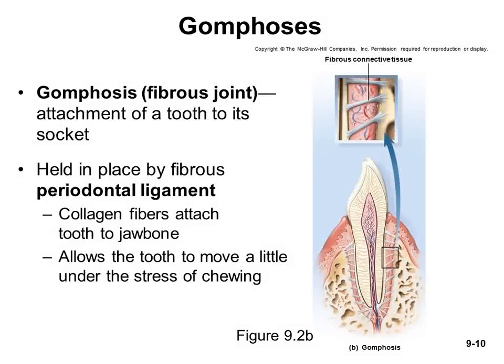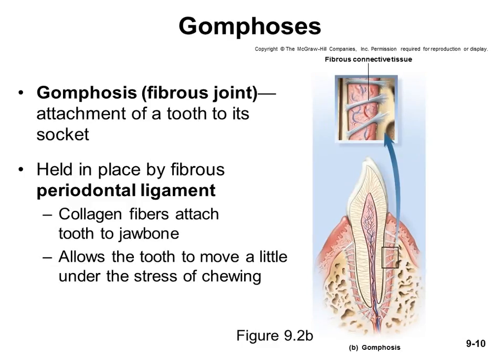Gomphosis, fibrous joints, attachment of a tooth to its what? Socket. You can see the collagen fibers here. Remember, we're talking about a connective tissue. You can see the collagen fiber actually expanding from the jawbone to what? The tooth. These are called your periodontal ligaments. Periodontal ligaments hold the tooth in its socket.